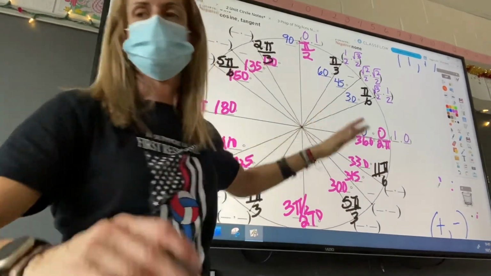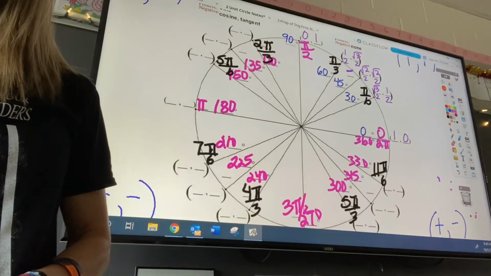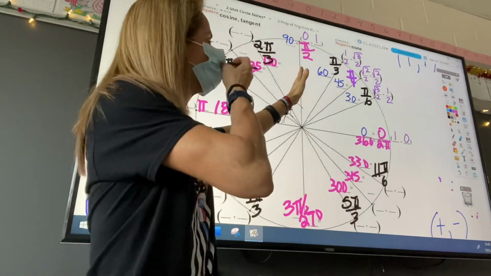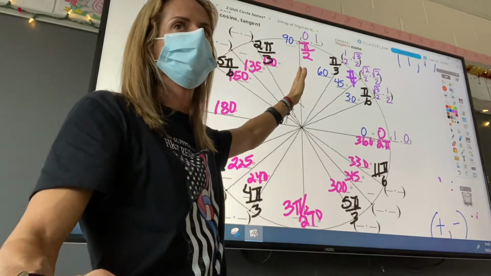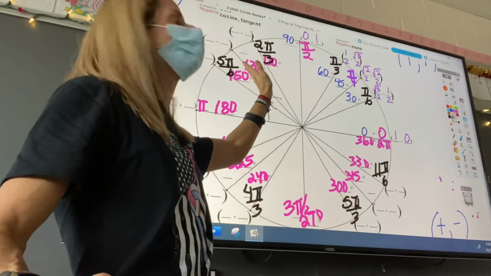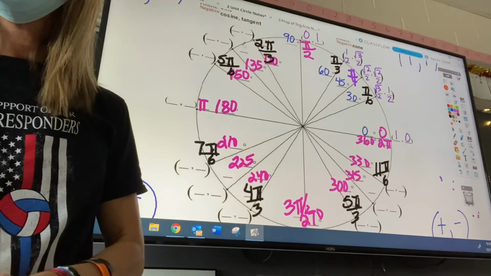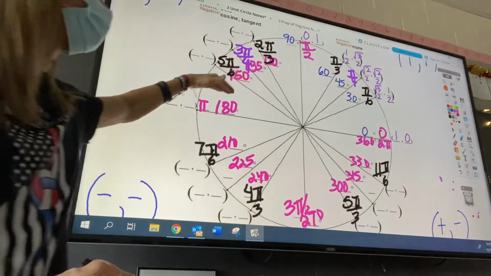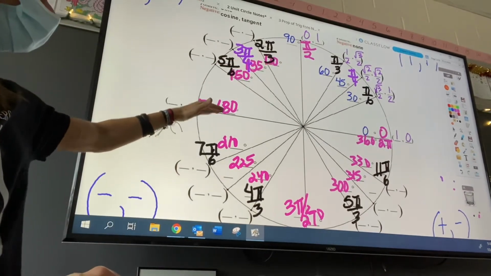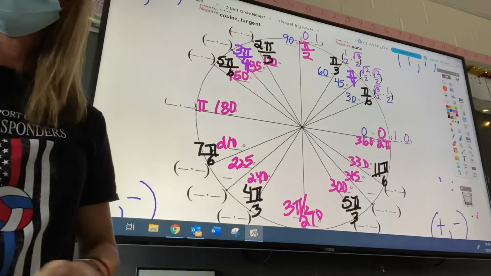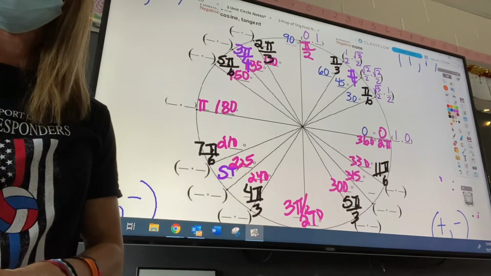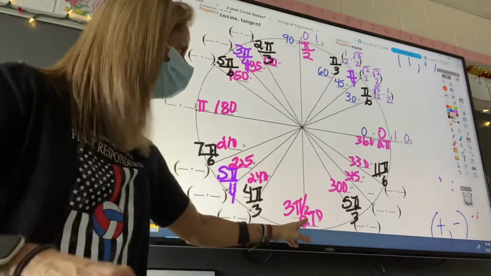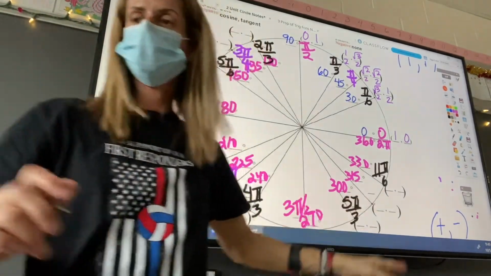So pi over 4 is just the first one. 2 pi over 4, which has already been simplified to pi over 2. 3 pi over 4. 4 pi over 4 already been simplified. 5 pi over 4. 6 pi over 4 already been simplified. 7 pi over 4, last one.